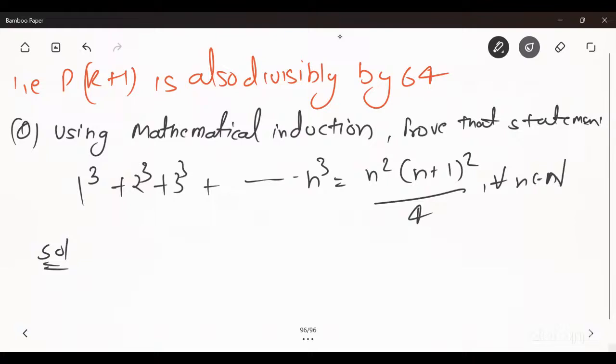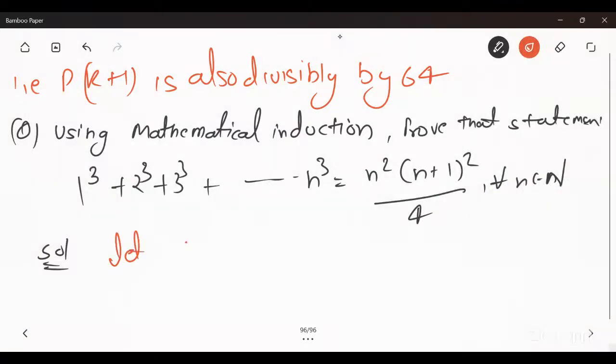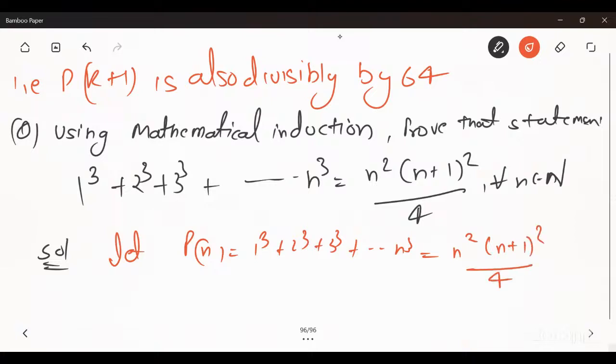Now come to the solution. Let this series be Pn. So Pn equal to 1 cube plus 2 cube plus 3 cube plus dot dot dot n cube, which is equal to n square into n plus 1 whole square by 4. Now take n equal to 1.